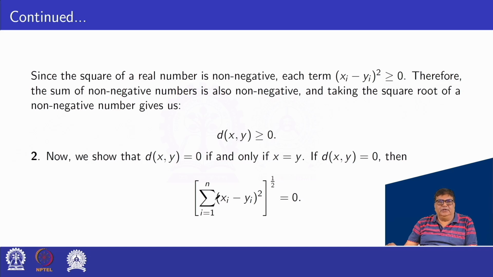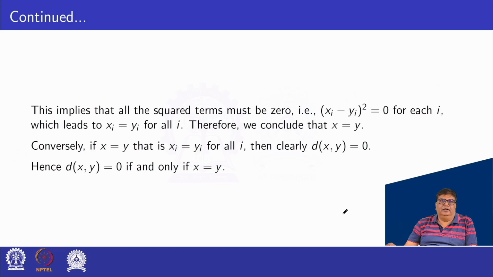It means each term is a square term, so always non-negative. So d(x,y) = 0 only if each term is 0, that is xi - yi = 0 for all i = 1 to n, which leads to xi = yi for all i. Therefore, we conclude that x = y.